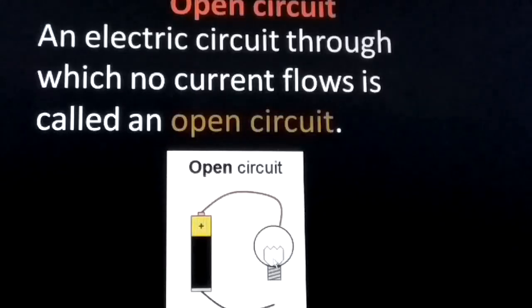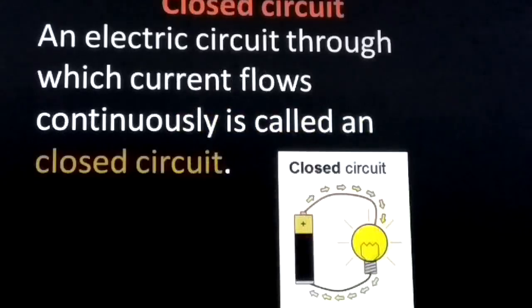Now we will see the closed circuit. If you observe the figure, you will have a clear idea about the closed circuit. In this diagram, the positive terminal is connected to the bulb and the negative terminal is connected to the other end of the bulb.